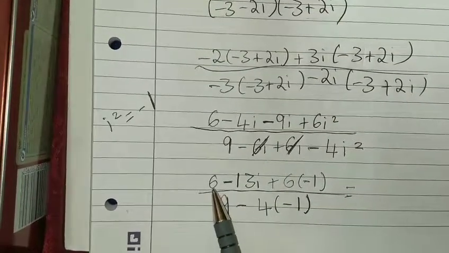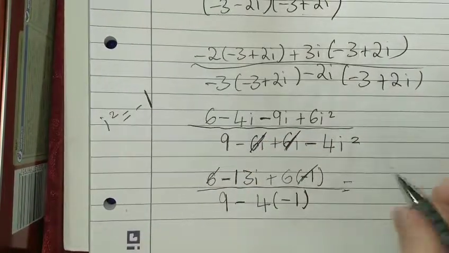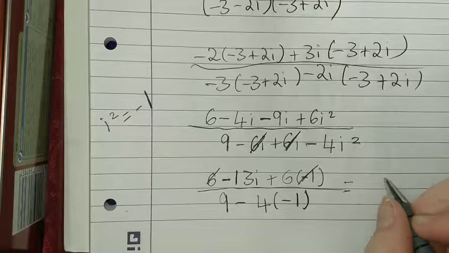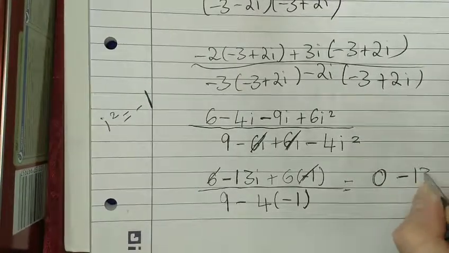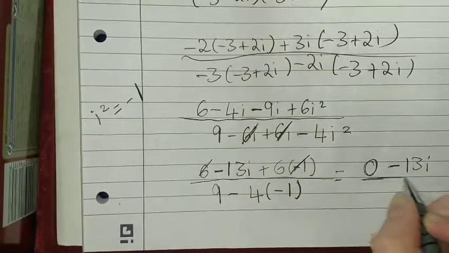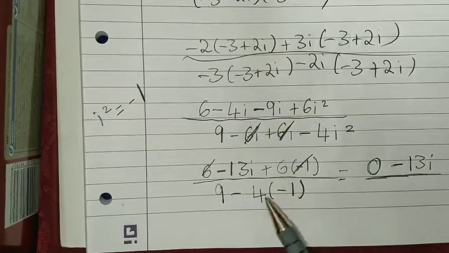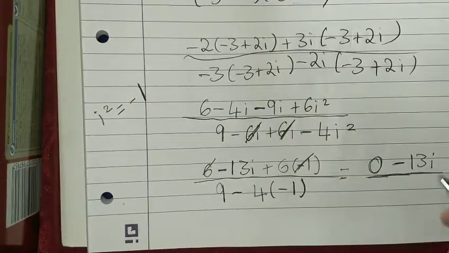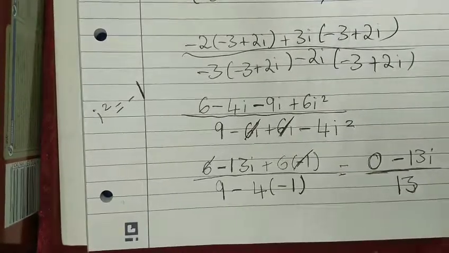So now I have 6, and then that's going to be minus 6, so that's just going to be 0. So that'll be 0 minus 13i, so I'm just going to put in the 0, so then I'll have my real part in. And then that's 9 minus, so minus 4, so that will be 9 plus 4, so that will be 13.